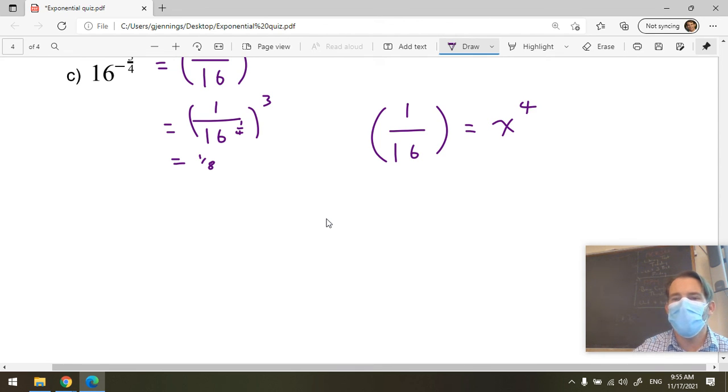Find me x. So that would be 1 over 16 equals 1 over 2 to the 4. So x is 1 over 2. So this here was 2. This is 1/2 in here, to the 3 is 1 over 8.